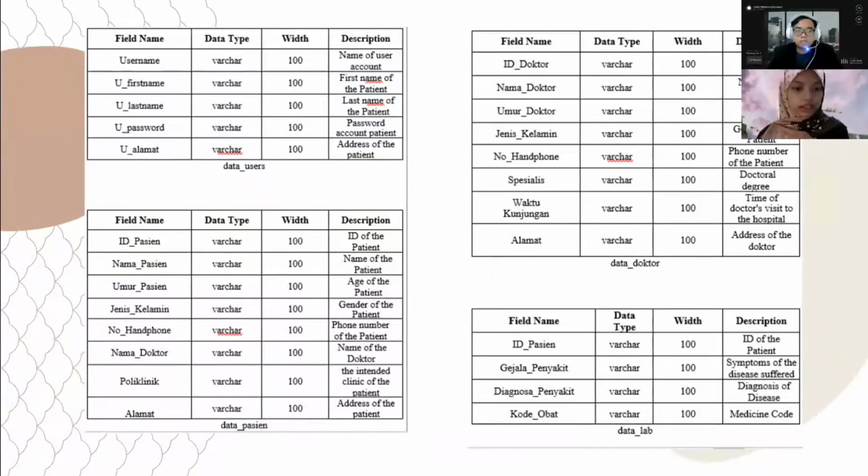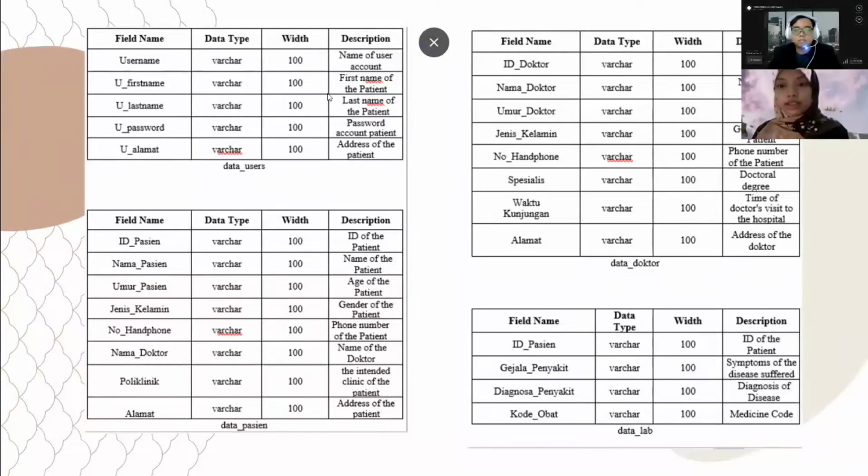And also in data patient, we have ID pasien, nama pasien, umur pasien, jenis kelamin pasien, no handphone, nama dokter, polyclinic, and alamat columns, with all the data type in these columns varchar, and the length or width is 100.